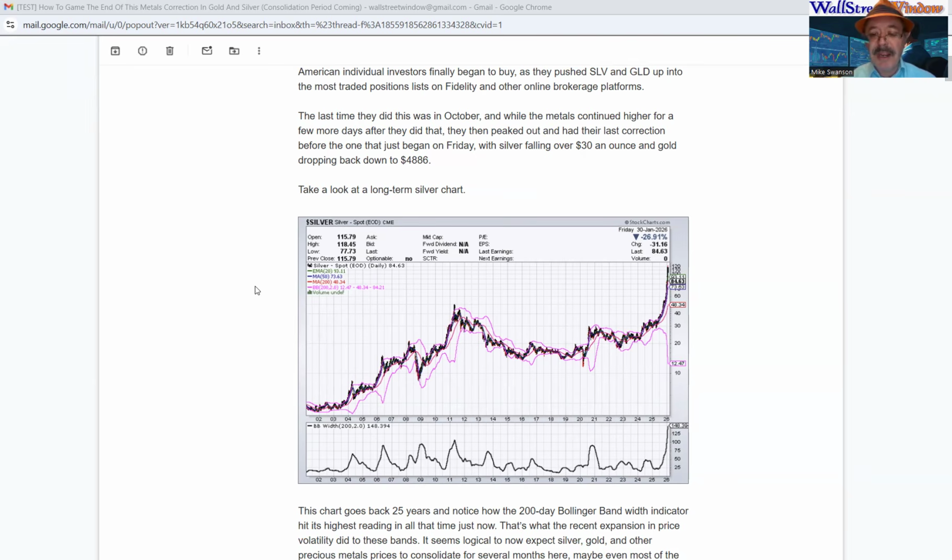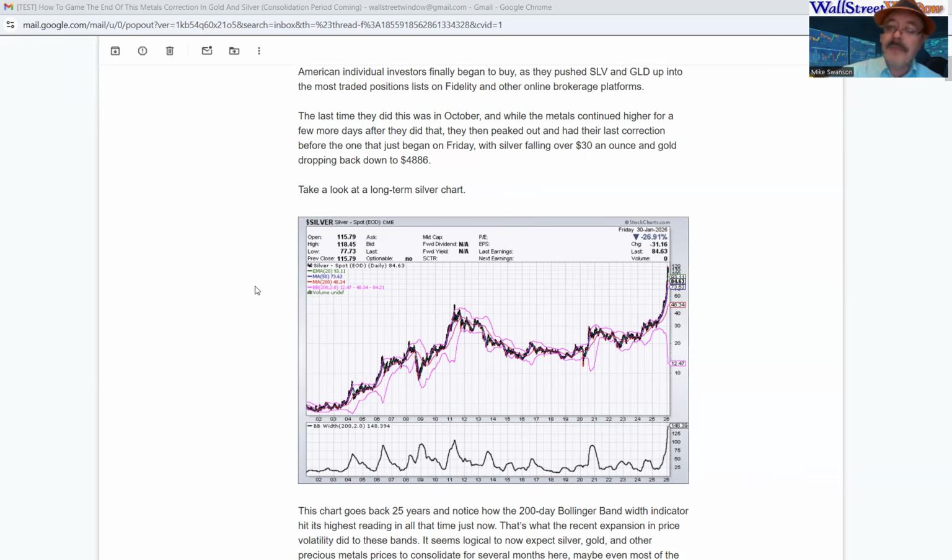In 2024, the bands had contracted so much with silver and many other metals, such as palladium and platinum, that, especially the latter two, they contracted to levels not seen in years, suggesting that when the bands would expand, which they ultimately did, we would get momentous moves, and the momentous move indeed happened.